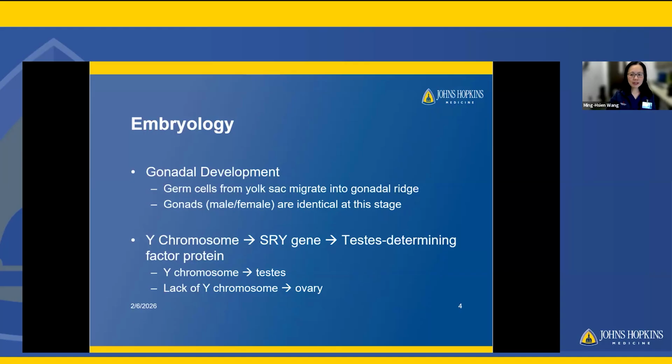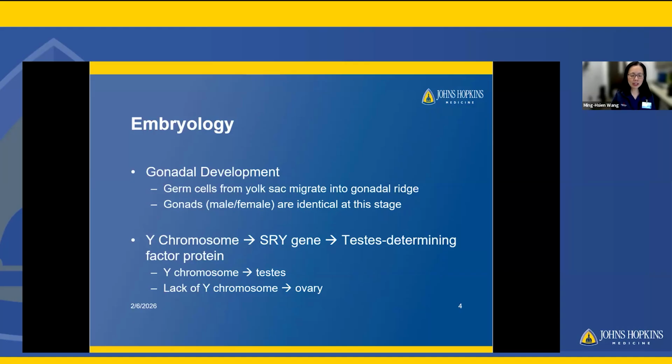Then, if there is a Y chromosome, there's the presence of the SRY gene, which is on the shorter arm of the Y chromosome. It leads to the production of the testis determining factor. With those proper proteins, and assuming every step carries through correctly, the Y chromosome will dictate how these gonads are formed specifically into a testicle.